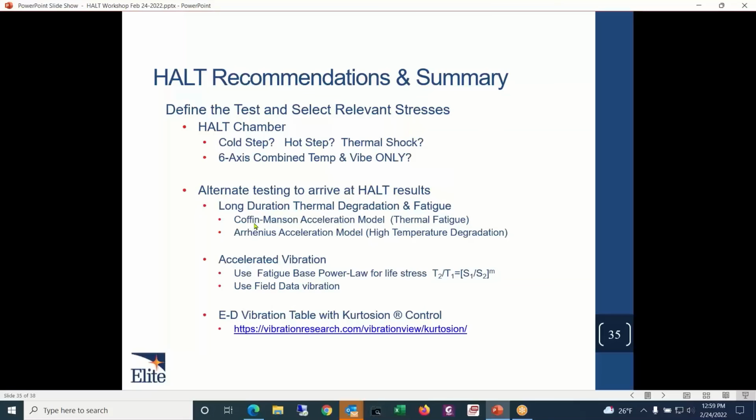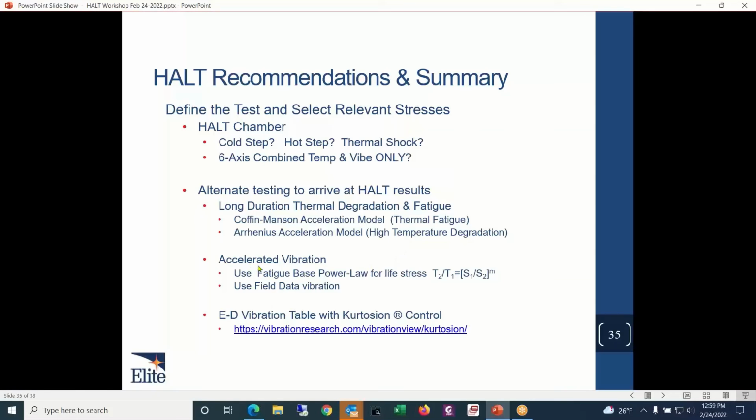But there are test acceleration models that can be applied. So for example, the Coffin-Manson is a very commonly cited acceleration model to evaluate thermal fatigue. The Arrhenius relationship for high temperature degradation. So this would be something that you might want to run to evaluate some of those electromigration types of tests.